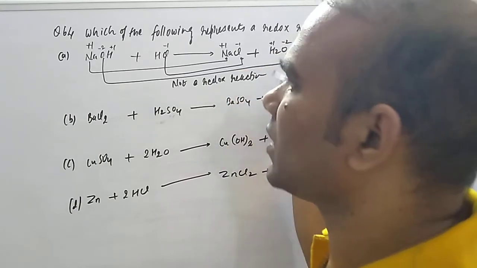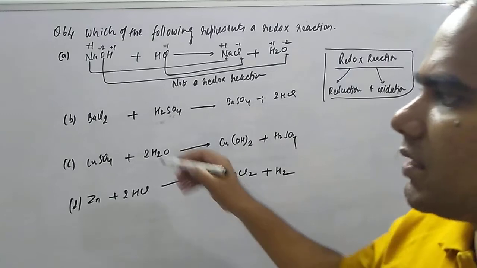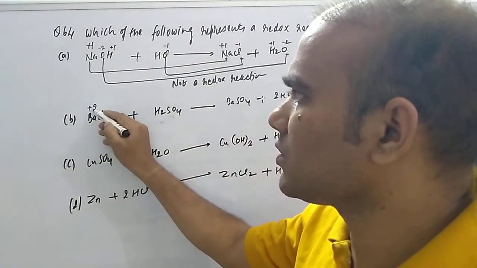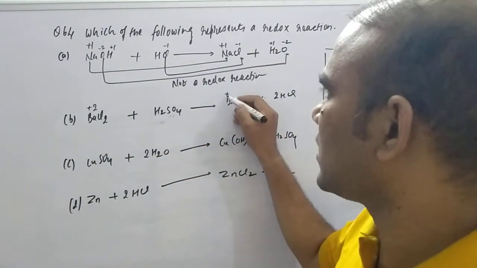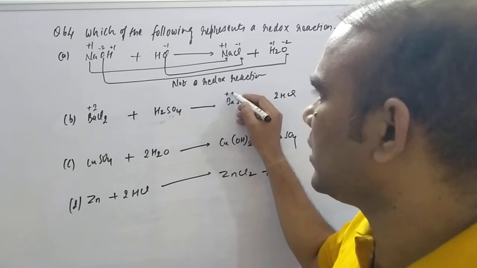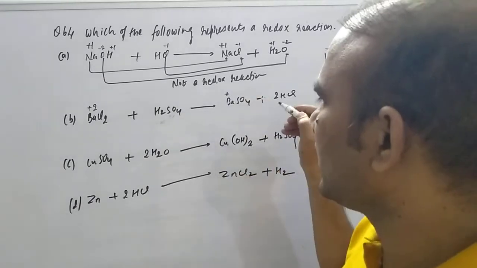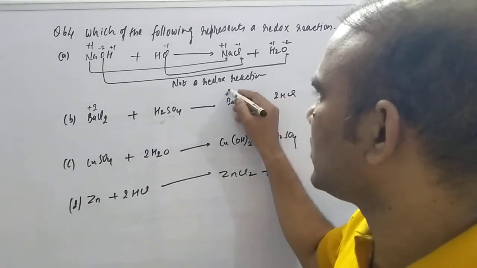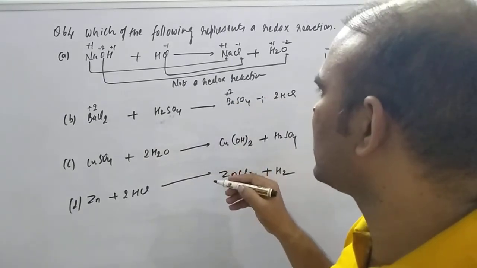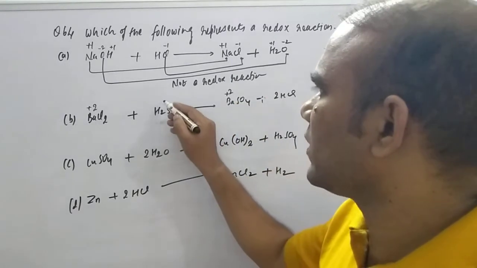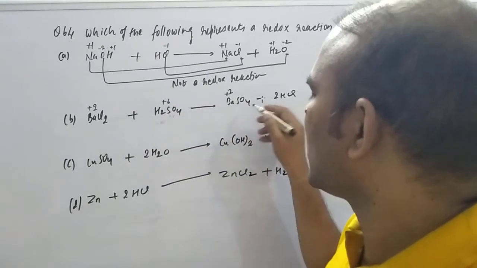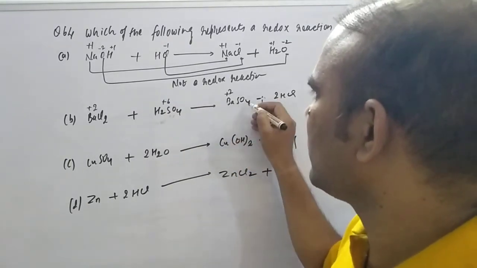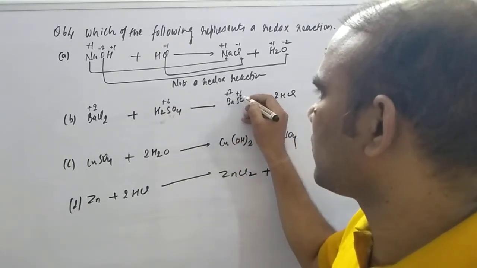Now you can check another option. Barium chloride is there. Here the oxidation number of barium is +2. Here barium sulfate is also there, and barium is also +2. Sulfur here is +6. What about here, student? In SO4 it is also +6.